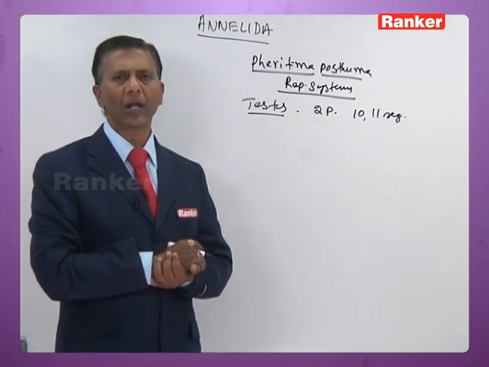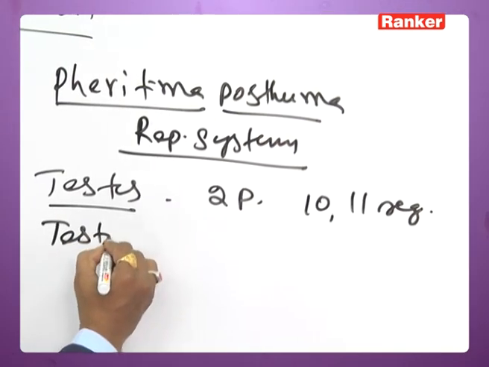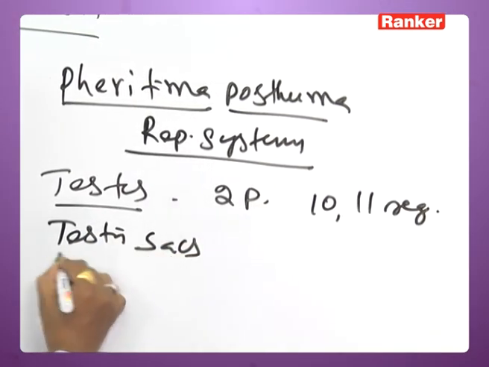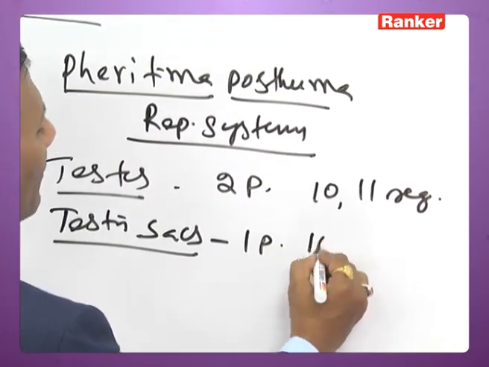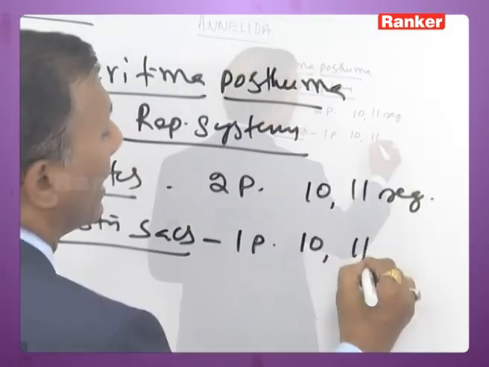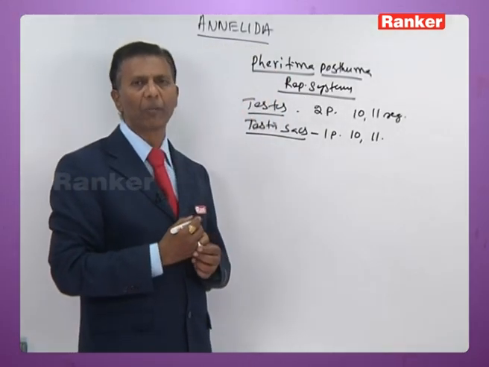But testes are not naked, they are enclosed in testis sacs. So testis sacs are one pair. The first lies in the 10th segment, the second lies in the 11th segment. The testis sac of the 10th segment is small.